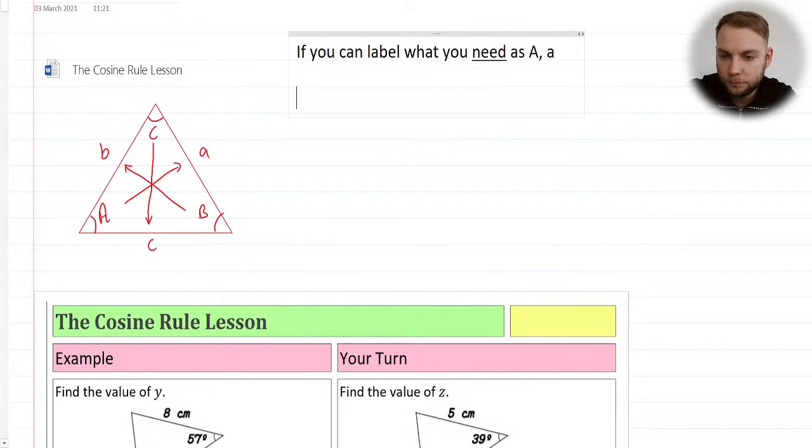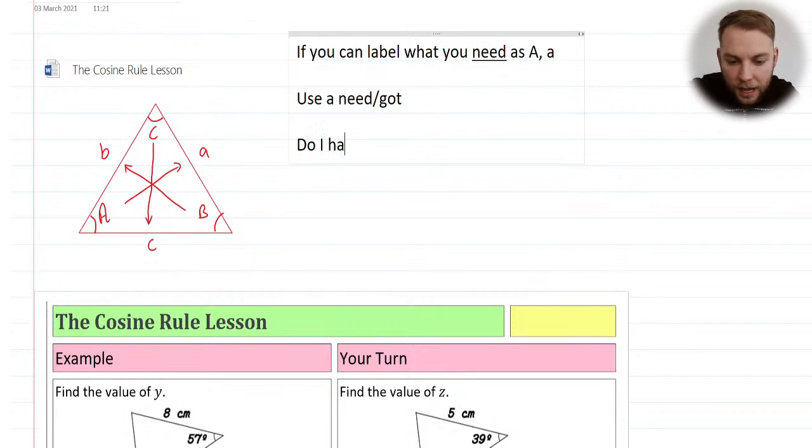Now, we also then said to use a need/got list. However, the difference with today is, the key question we knew was, do I have a matching pair in my got list?